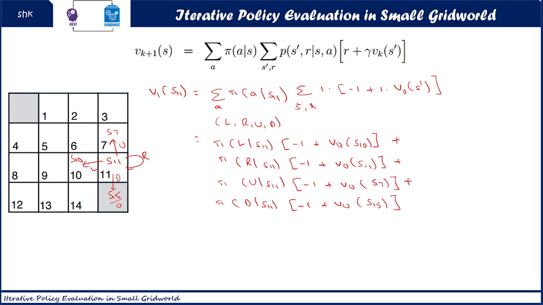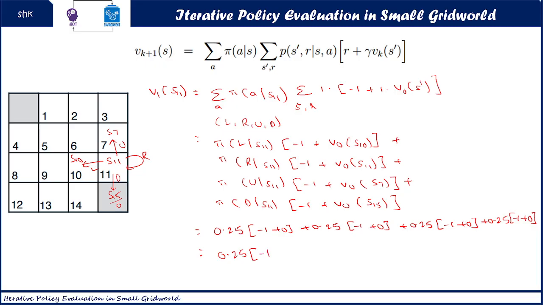As V naught is 0 in all the cases, and the probability for all the actions is 0.25, substituting the values: 0.25 into minus 1 plus 0, plus 0.25 into minus 1 plus 0, plus 0.25 into minus 1 plus 0, plus 0.25 into minus 1 plus 0, which is equivalent to, I'll take 0.25 as common factor.